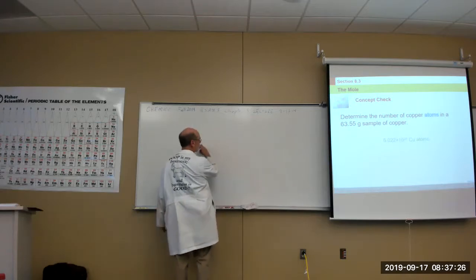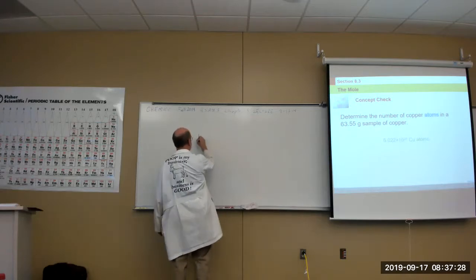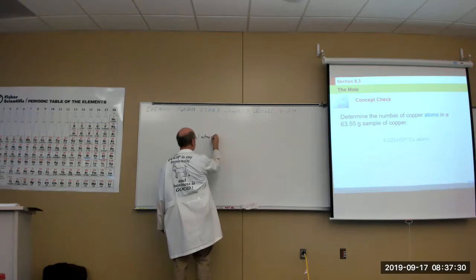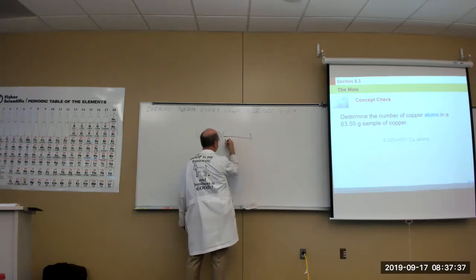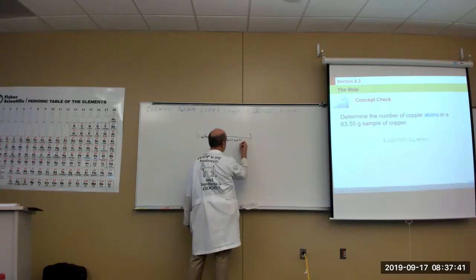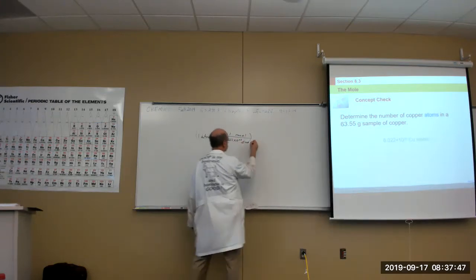Right, 63. Let's see. 1 atom of copper. And we have 6.022 times 10 to the 23rd atoms is 1 mole. So we cancel our atoms.